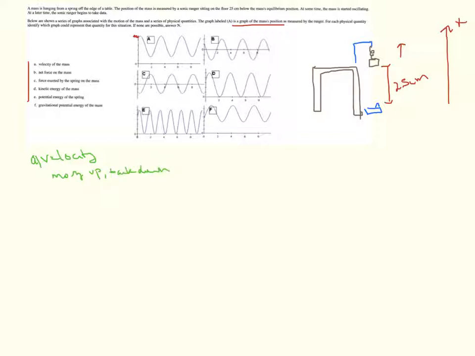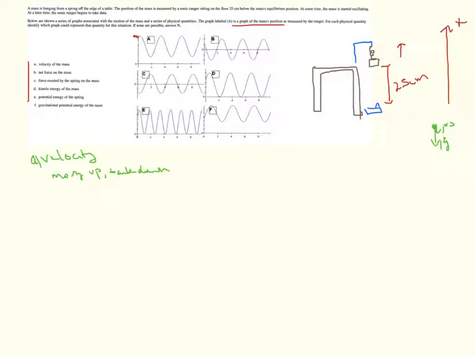And the force diagram for above equilibrium will be: there will be gravity pointing down always, but when it's above equilibrium, the spring force will be pointing this way.